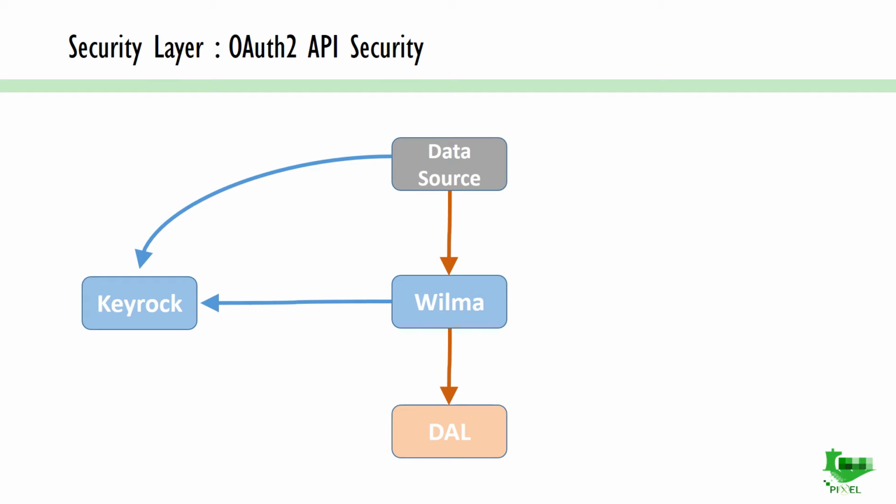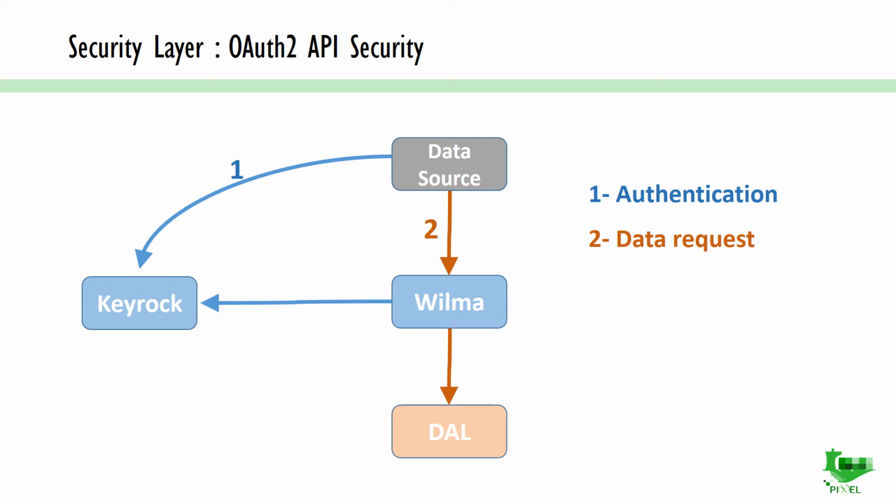The OAuth2 mechanism used to control the access of an API is standard. The client that requests access to the API, the data source, sends first an authentication request to KeyRock, the identity manager server. If its credentials are valid, the server answers with an access token. The data source can then try to send data to the NGSI API.